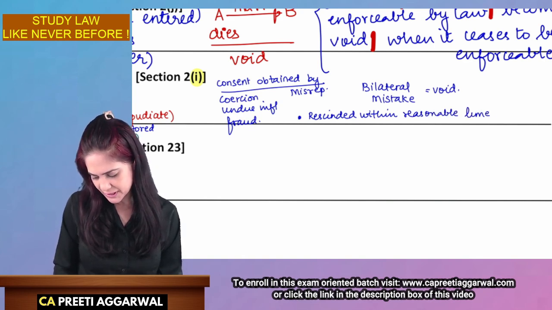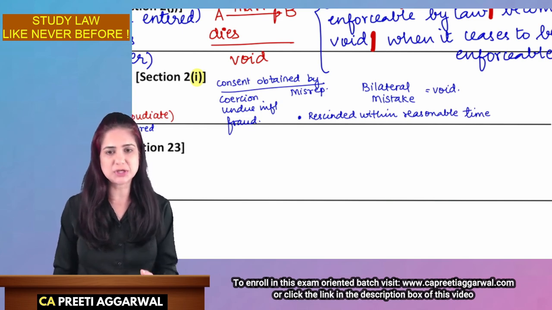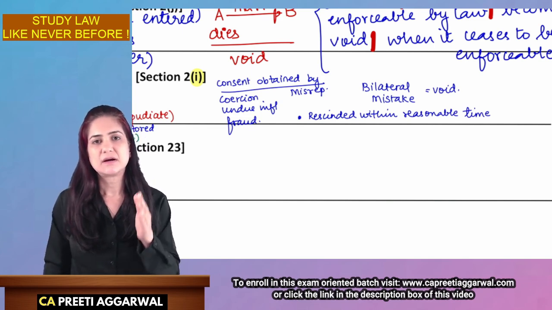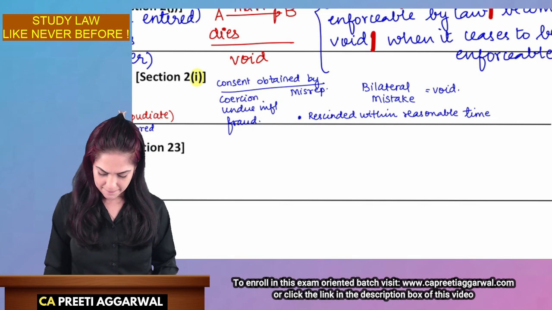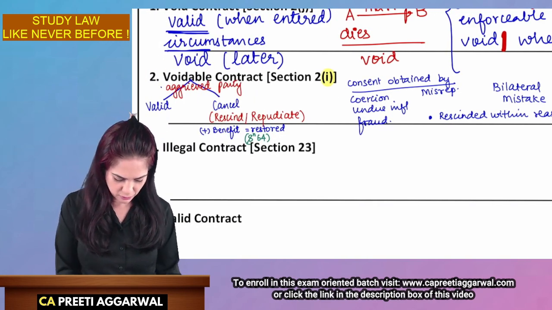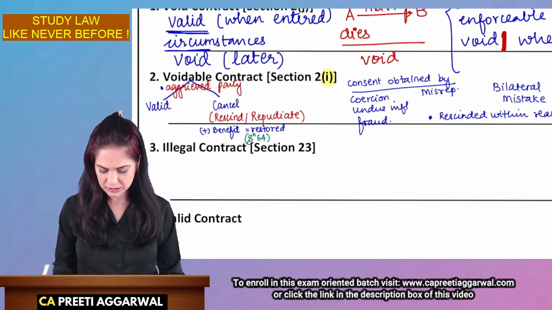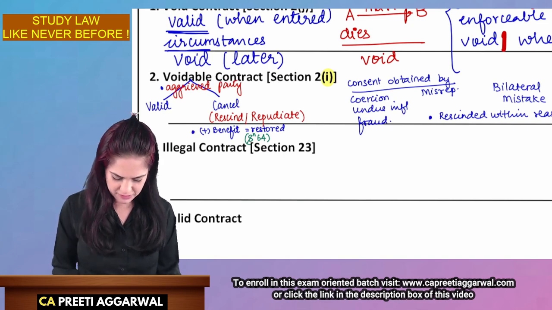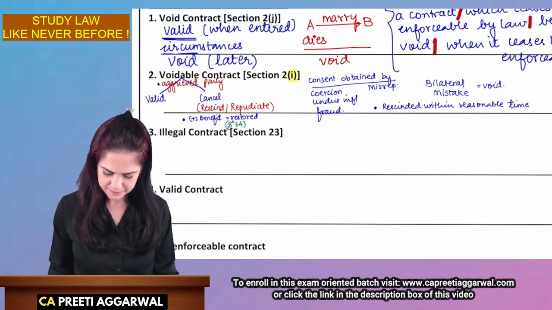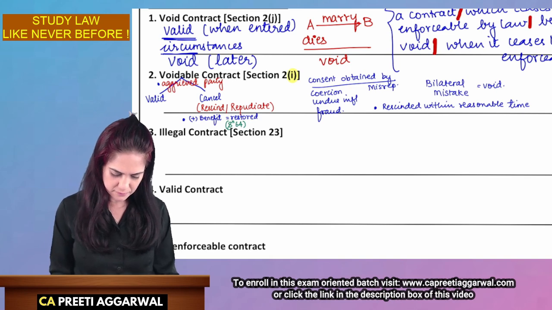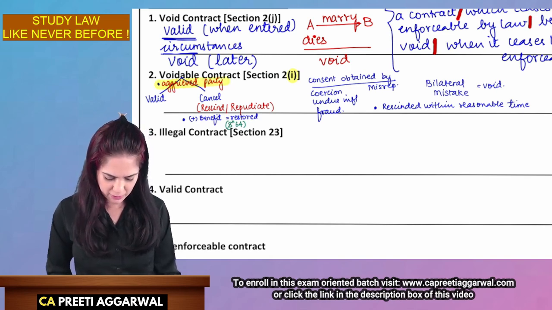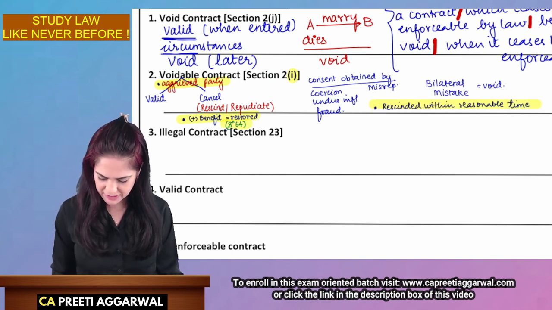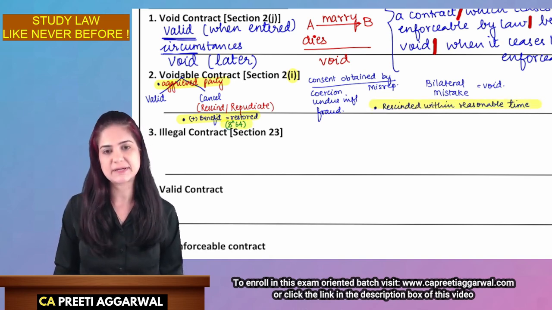So whether you want to treat it as valid or cancelled, that decision must be taken at a reasonable time. And only the aggrieved party can decide, not the other party. The benefit will be restored. These are 3 extra points. The options are available only with the aggrieved party. Benefit will be restored. And it must be rescinded, cancelled within a reasonable time.